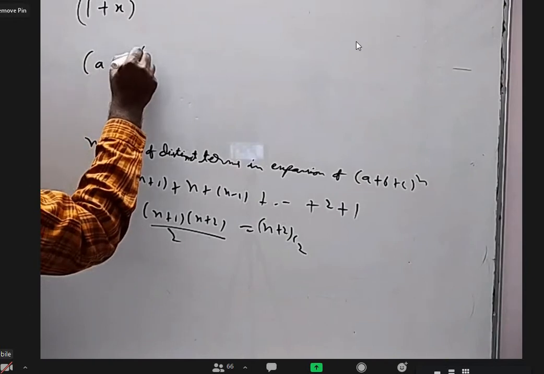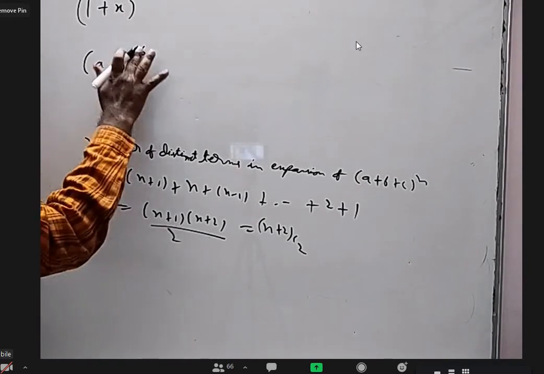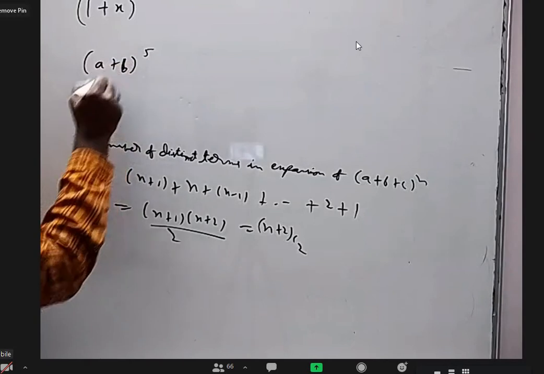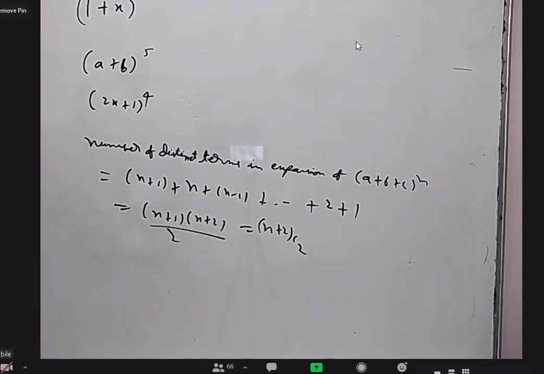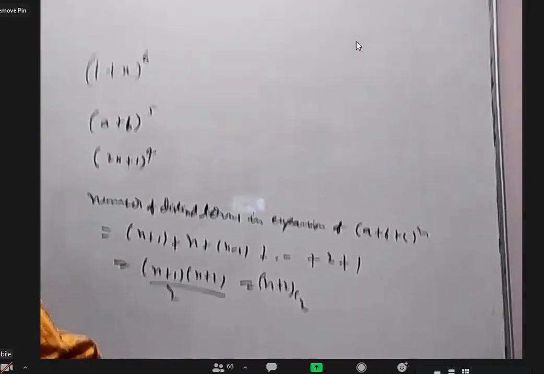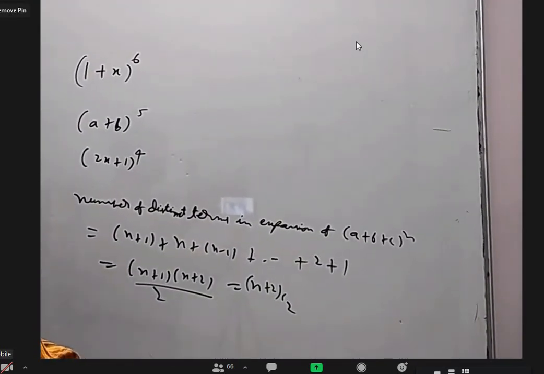And (a + b) whole power 5. And (2x + 1) whole power 4. Try to write these expansions by using the binomial formula. And we will simplify the coefficients. 6C1, 6C2, all those values you have to find.